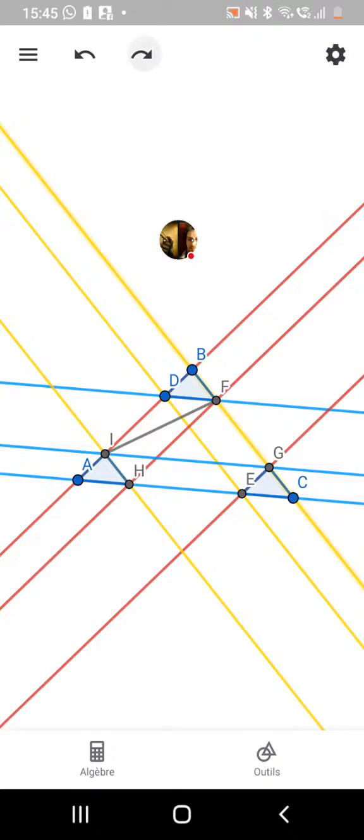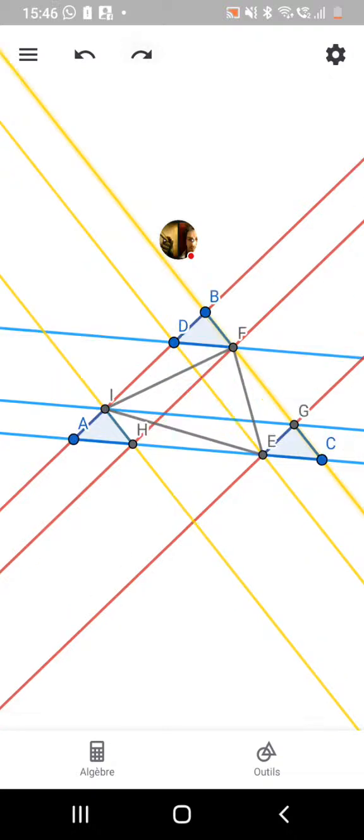Okay, so now let's take this triangle, and now look at the line, this line, okay, line EF.